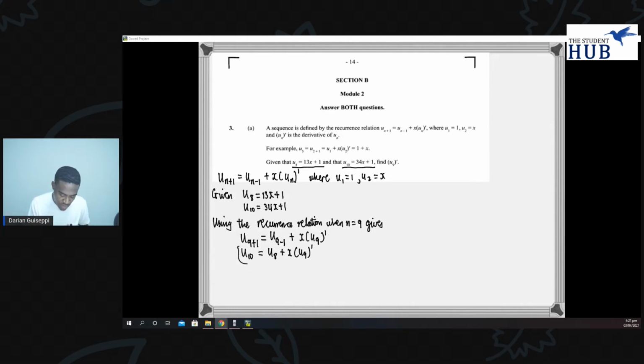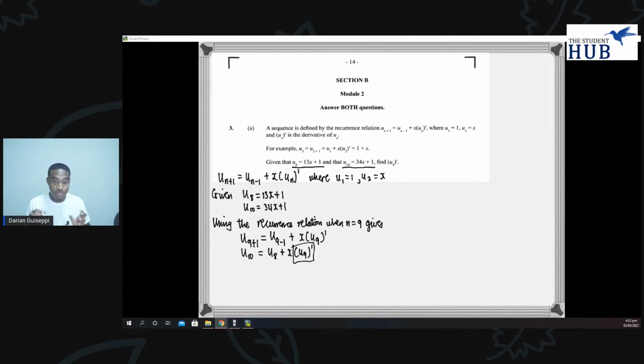But when you look at it, you're seeing terms that they gave us. Remember, they gave us u subscript 8 and u subscript 10. Look, we have u subscript 10 and u subscript 8 here. So we could actually substitute those things that they gave us into this equation. So that's what we will do next. And watch, it just sets up really nicely here.